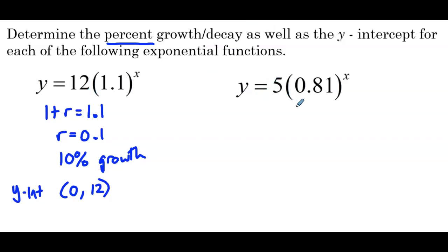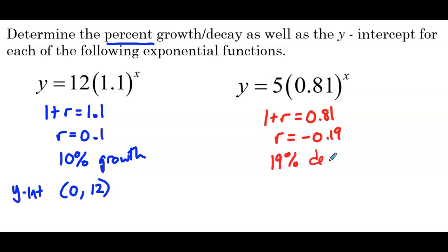Next, we have y equals 5 times 0.81 to the x. The base of the exponential function is 1 plus r, so 1 plus r equals 0.81. If we subtract 1 from both sides, we get negative 0.19. So that means that we're decaying. We have exponential decay. 0.19 as a percent is 19% decay.